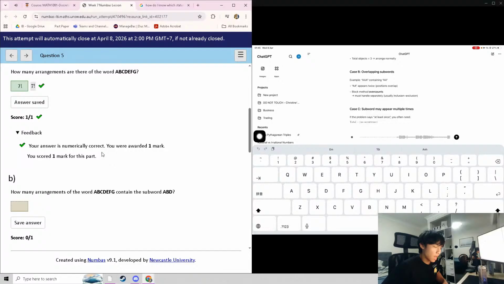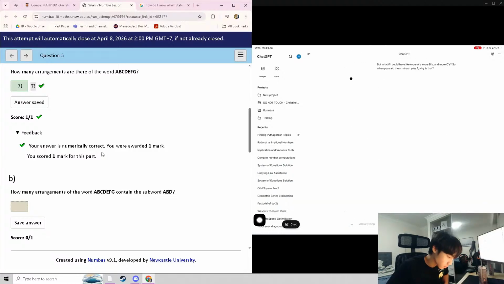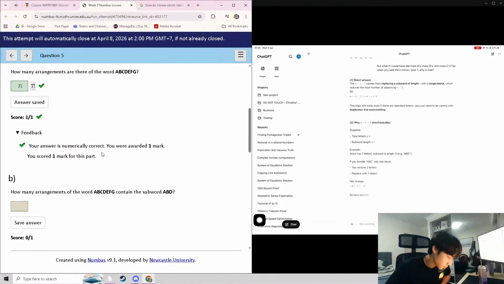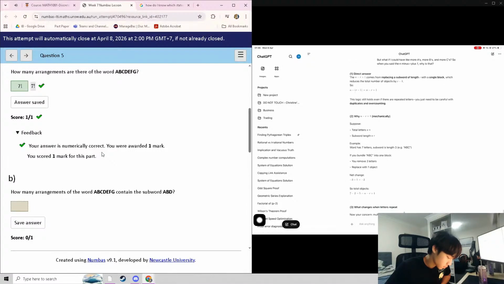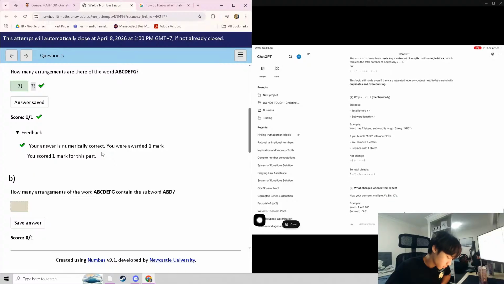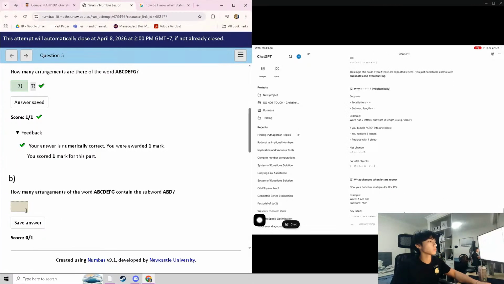So when you set the n minus r plus 1, why is that? Like that.